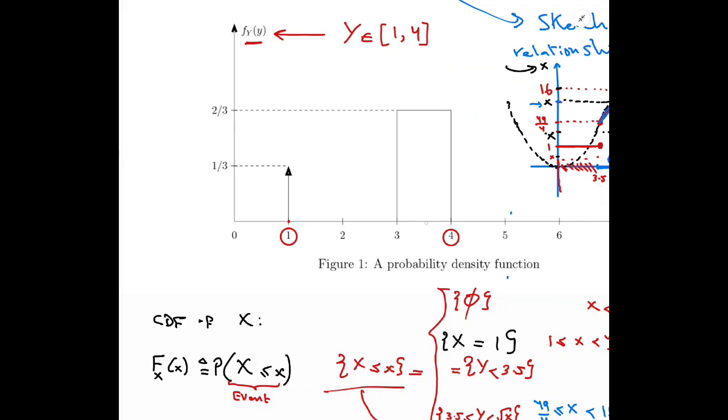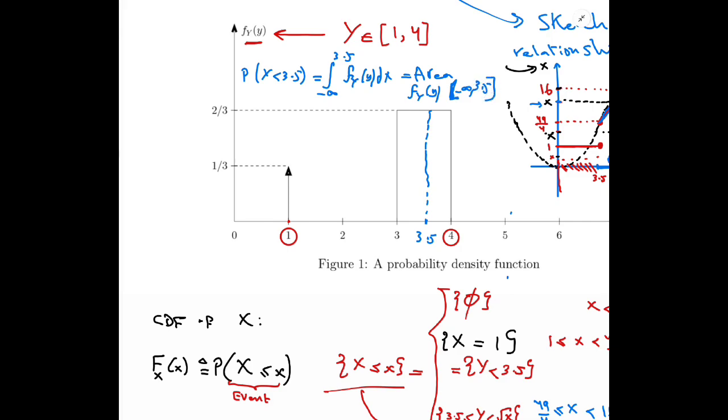So 3.5 is here. The probability that Y is less than 3.5 is basically the integral from minus infinity to 3.5 of the PDF, in other words, the area under the PDF of Y from minus infinity to 3.5.